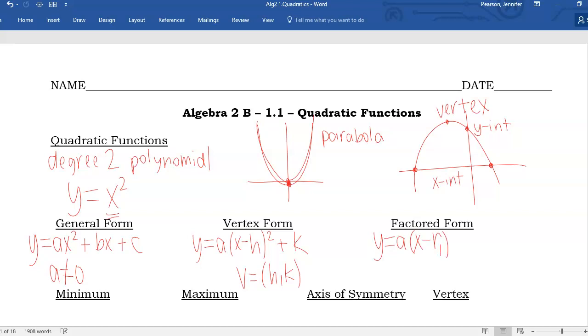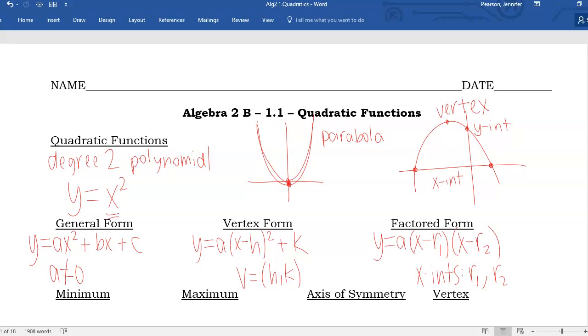Sometimes it's in the parentheses, sometimes it's out in front, but whatever your x-intercepts are, and we actually have lots of names for those. Sometimes we call them factors, sometimes we call them roots, sometimes we call them zeros, but whatever your x-intercepts are, root 1, root 2, those would be the values that would go in for that format.